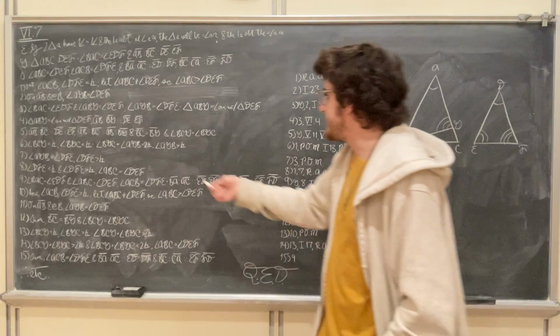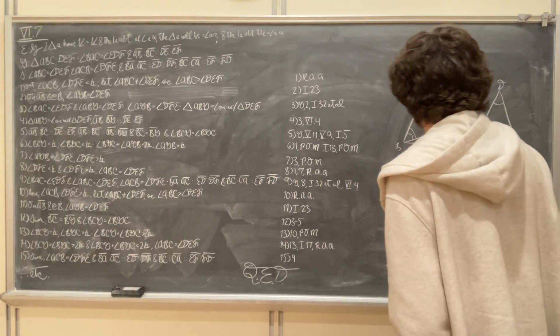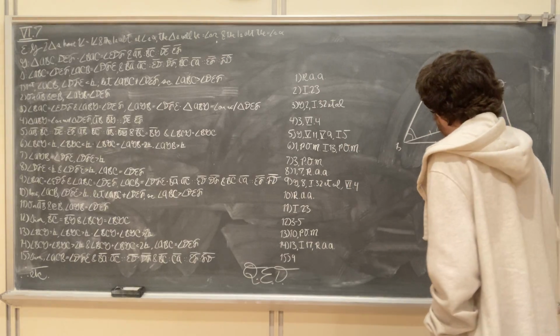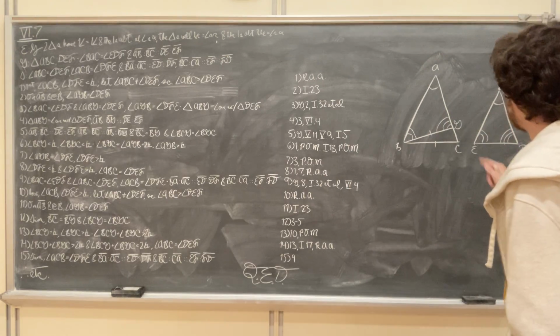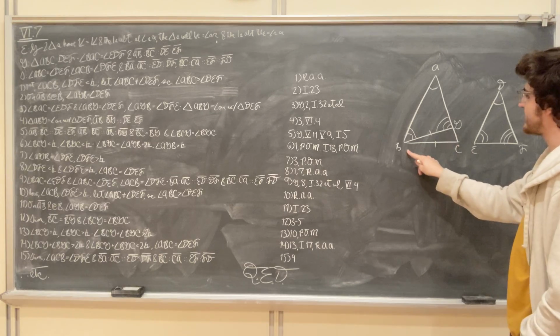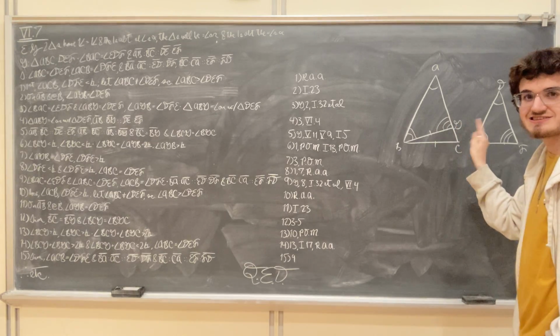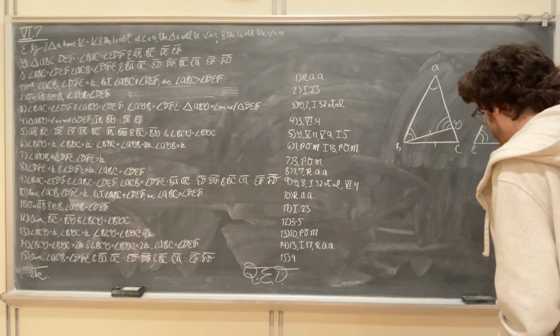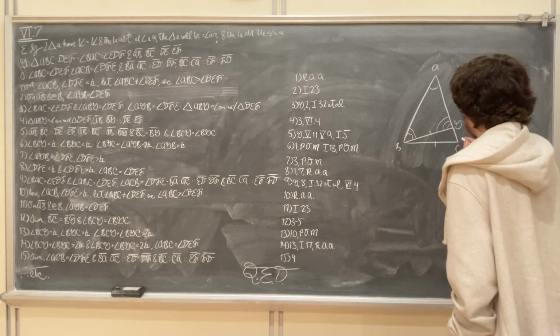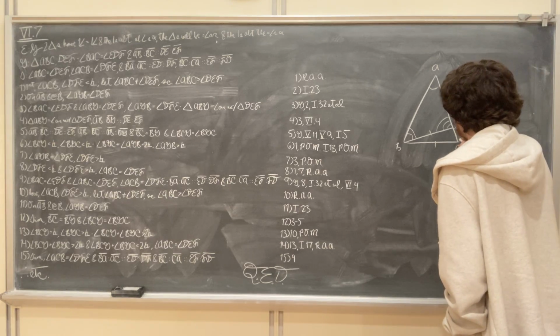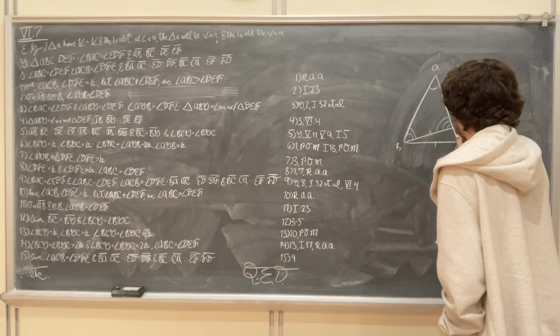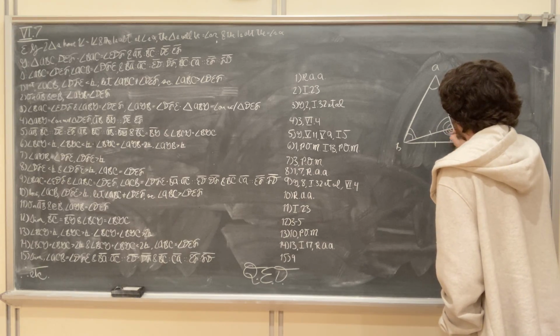So we can say that BC is equal to BG. And if BC is equal to BG, then the triangle BCG is an isosceles triangle, which means that by proposition 1.5, the angles at the base are equal to each other, so that we can say that the angle BCG is equal to the angle BGC, like that.